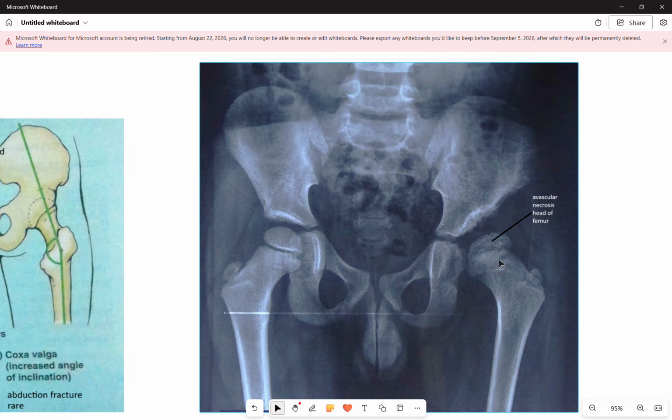Now this happens in slipped epiphysis of the head. That is epiphysis. This can slip off due to trauma or due to some other cause. And this will cause necrosis of the bone because the blood supply is cut off. And that's known as avascular necrosis of the femur.